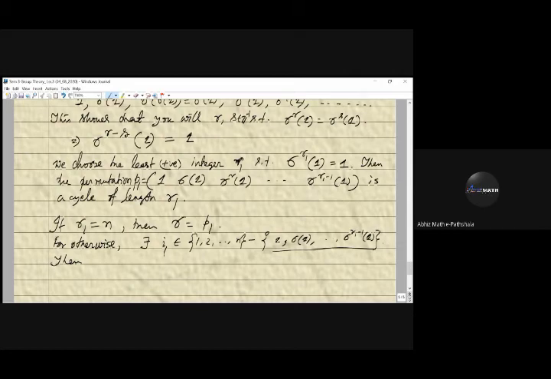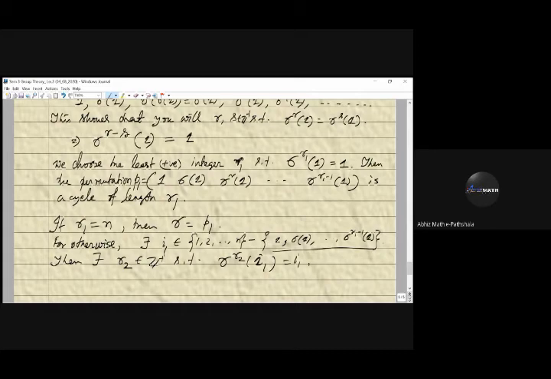You start from I1, then sigma I1, sigma square I1, sigma cube I1, and so on. Then again there exists another r2 in Z plus such that sigma to the power r2 of I1 is I1.